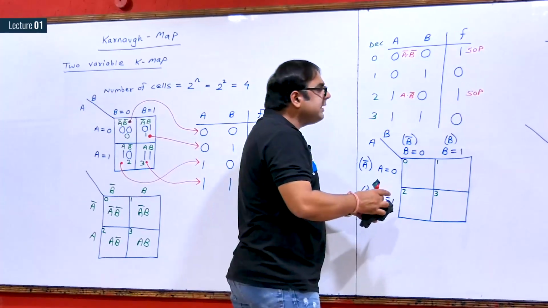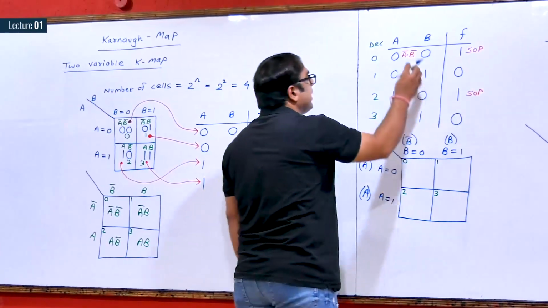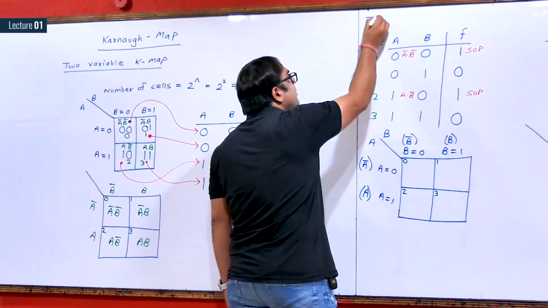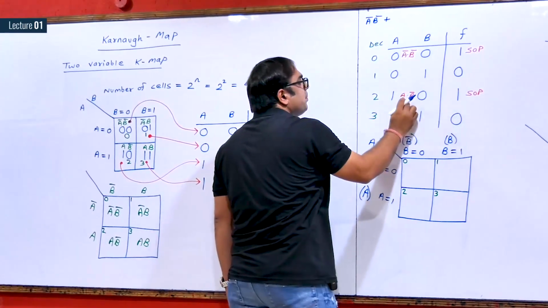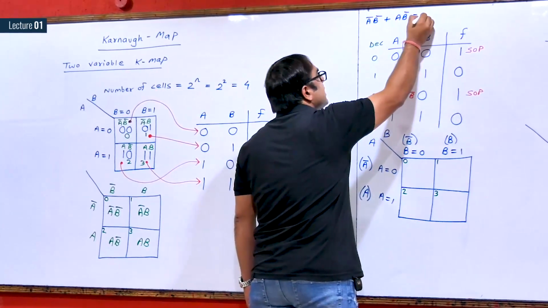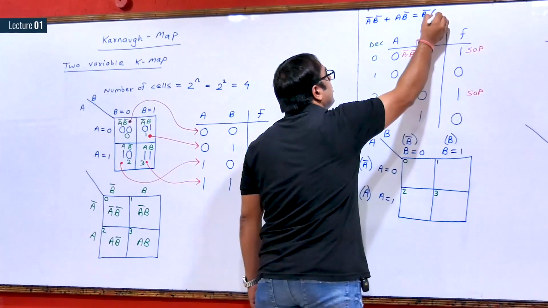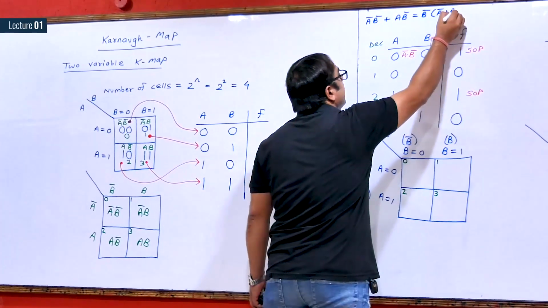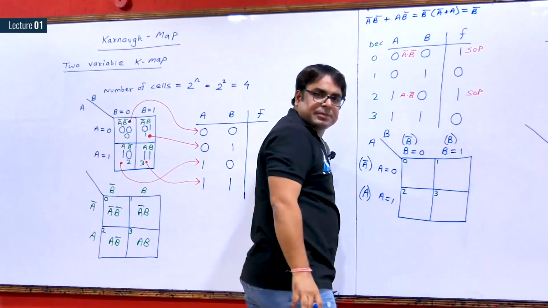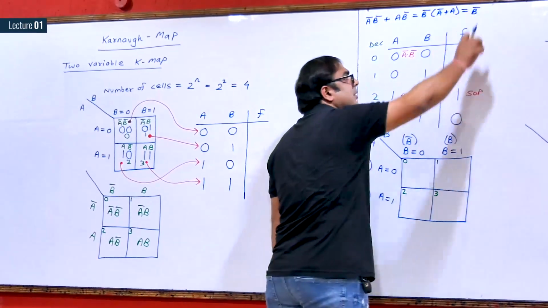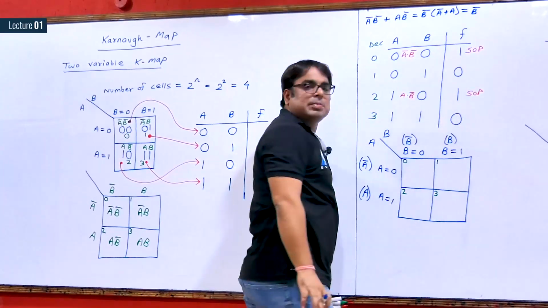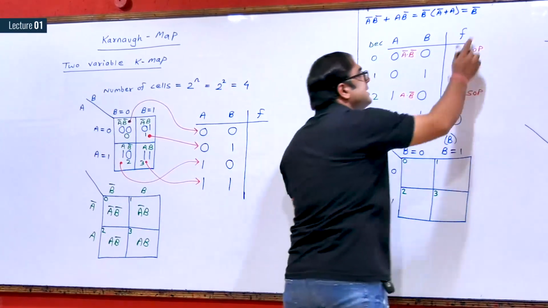So what will be the minimized answer? It will be A complement B complement plus A B complement. In the next step, you can take B complement common. This gives A complement plus A, which becomes 1. So the answer is B complement.